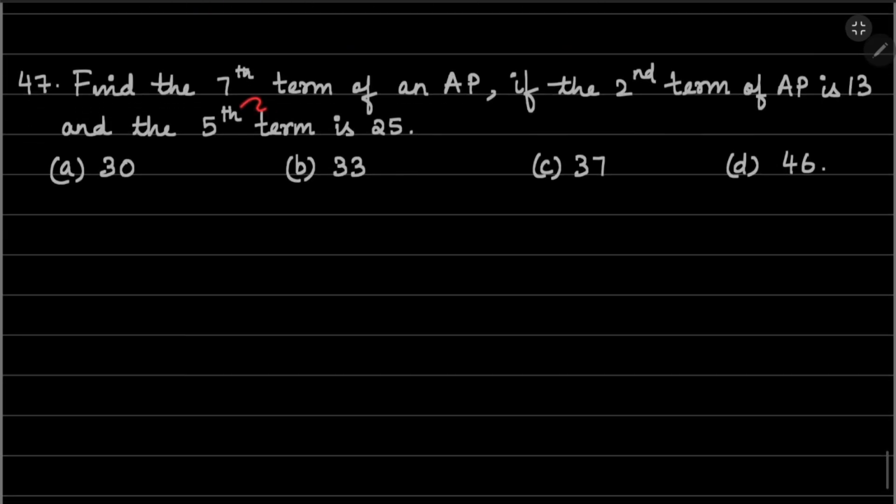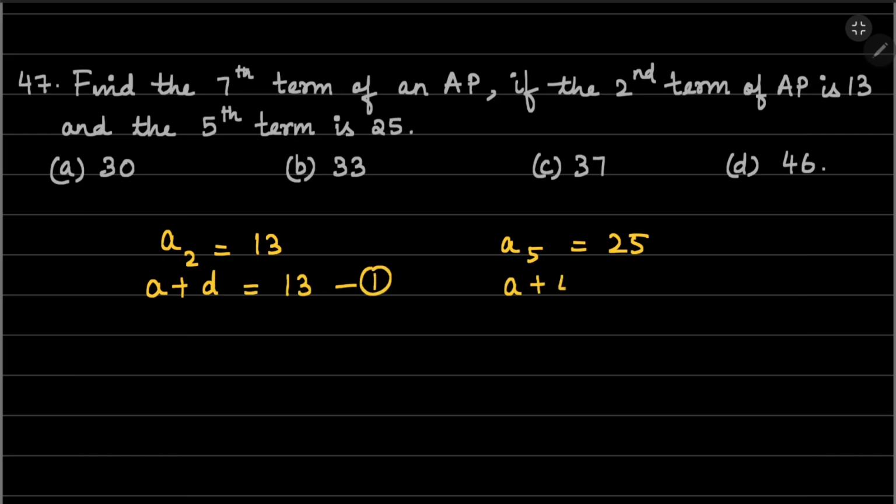Find the seventh term of an AP if the second term is 13, that is a2, and the fifth term is 25. So this is a plus (n minus 1)d, that is (2 minus 1)d. a plus d is 13, equation number 1, and a plus 4d is 25, equation number 2. So what is 2 minus 1?